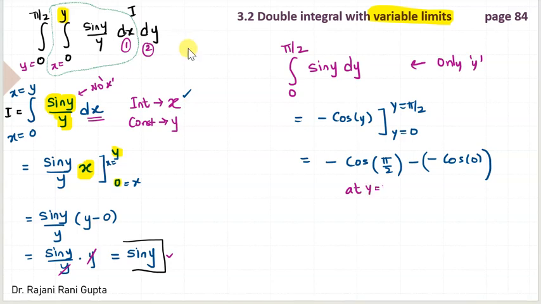This is the term when y is pi by 2 and this is when y is 0. After that, you just need to substitute the value. Okay, cos of 90 will be 0 and this becomes plus cosine of 0 which is 1. So the value of the integral is 1. So this is how we evaluate a double integral with variable limits.